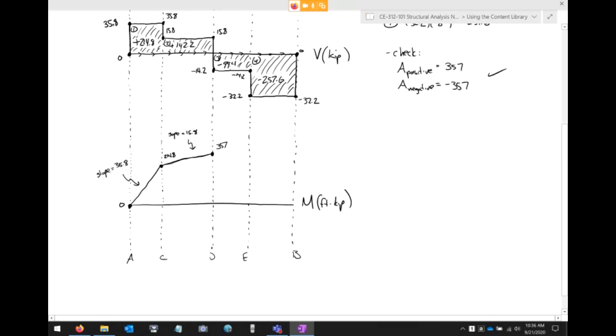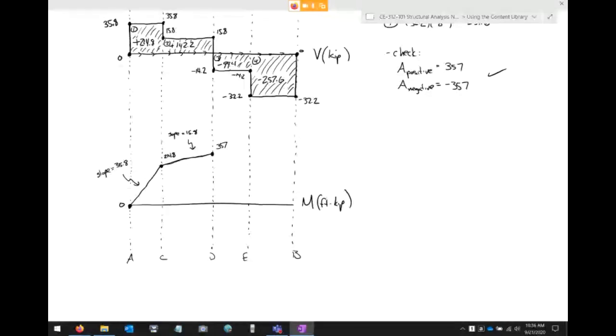Well, is the slope positive? Yeah, the slope is positive. It's going up and to the right. Does the graph make sense when you compare it to the previous region? Well, the previous region had a slope of 35.8, so they're both positive, but that one has a much higher slope than the one over here. So again, it's gut checks to make sure that what you're doing is right.